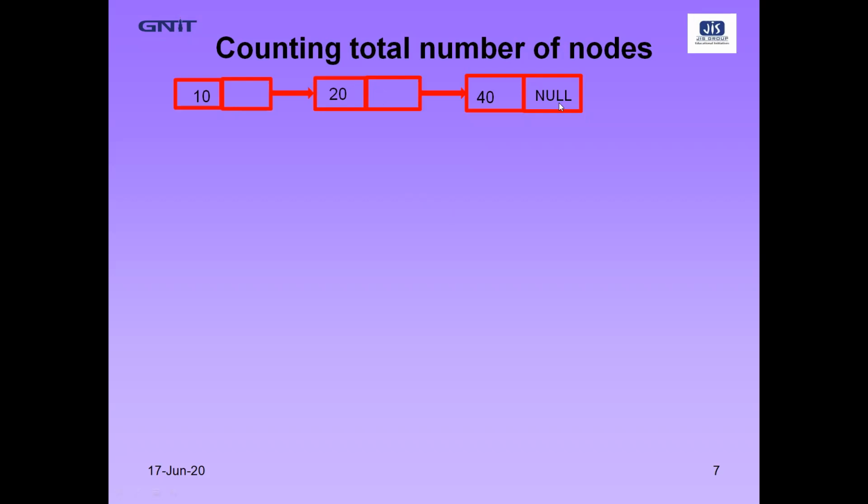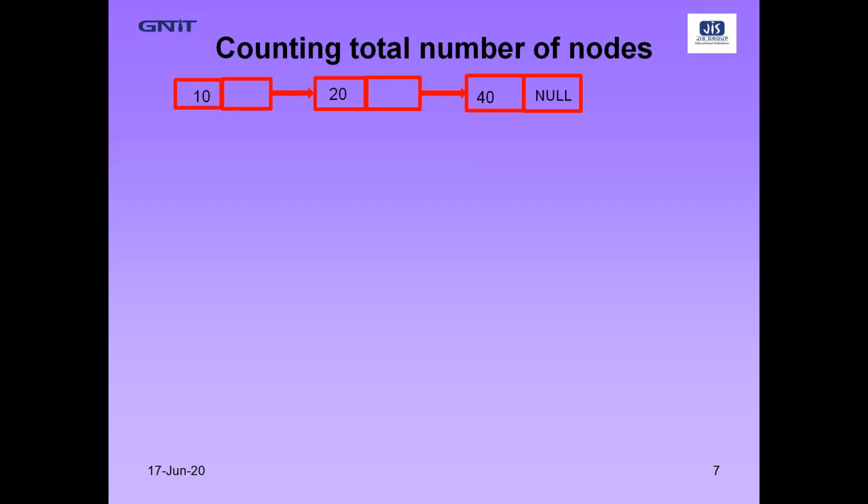Okay, now in the last node, that is the node which contains the data element 40, here ptr temp is null, right? So the while loop is not executed, that is, as ptr temp equal to null, the while loop is not executed, so control goes to the outside of the while loop, right?